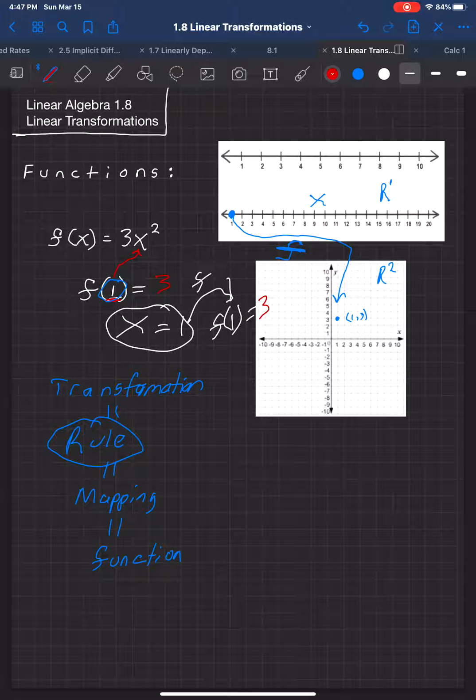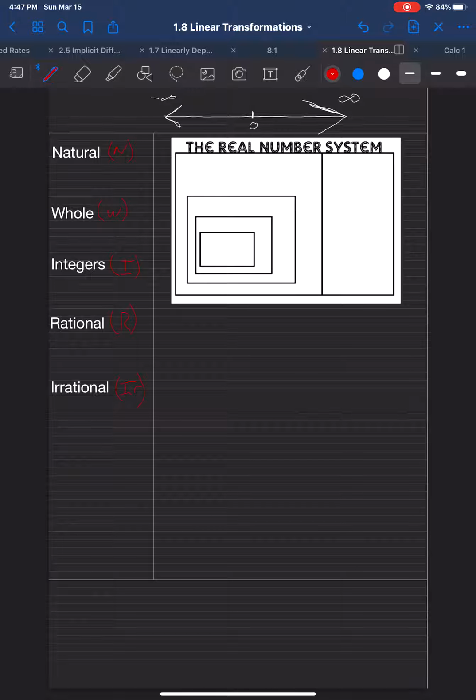But first, again, let me not take for granted certain key aspects from your lower math classes, and then we're going to find the analog for these matrix transformations, and then see if we can connect all these dots. Ready? So let's make sure we understand the real number system.